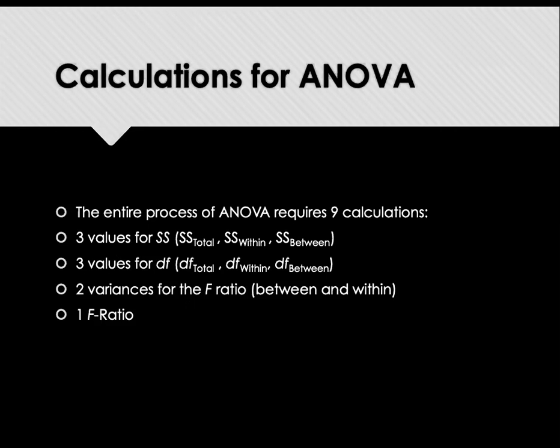Then we also have to do 3 calculations for degrees of freedom. We have to calculate degrees of freedom total, within, and between. Then we have to calculate the 2 variances using those sum of squares and degrees of freedom values. And then we're going to use those 2 variances to calculate our F value. So hopefully you see how it all builds into each other.